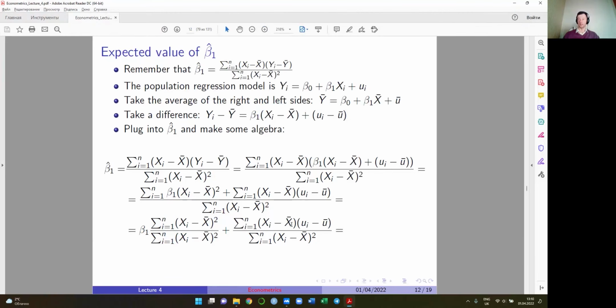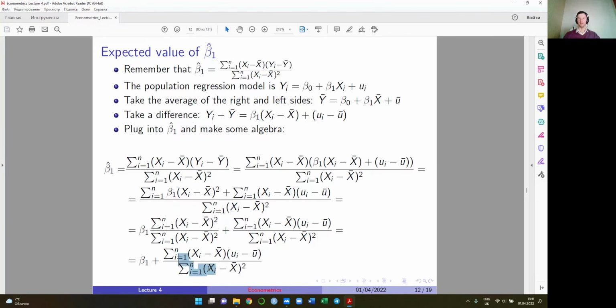And in the second term, we have something like this. So that's basically the end of the expression where we want to write beta 1 hat as a function of beta 1 and something. This will be important for us in all the other topics. So we must somehow remember this expression for the future.